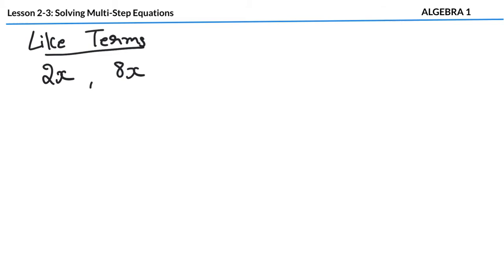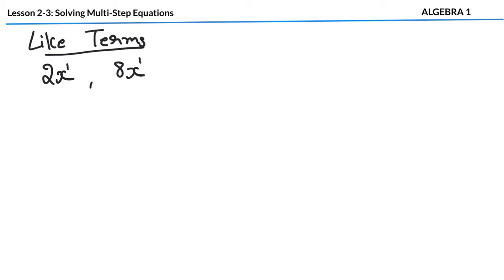Now look at these variables. The variable is the same, x, and what is the power? If there is no power written over the variable, the power is 1. So since the variables are the same, having the same powers, they are called like terms.